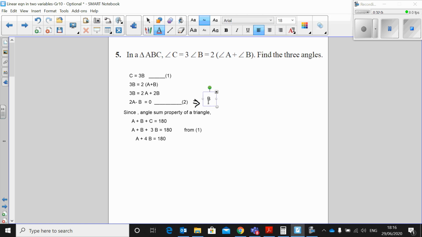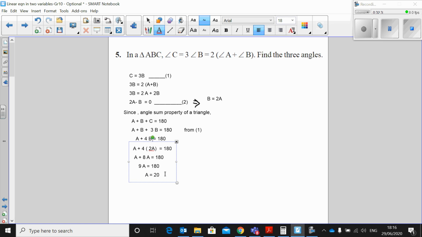So angle B equal to 2 times angle A. Let us substitute here. So A plus 4 times 2A is equal to 180 degrees. So that is A plus 8A, which is equal to 180. That means 9A is equal to 180. That means A equal to 20 degrees.